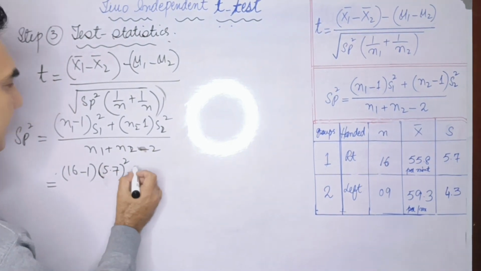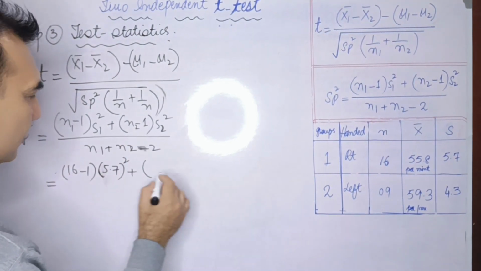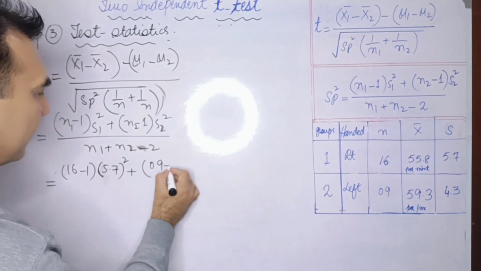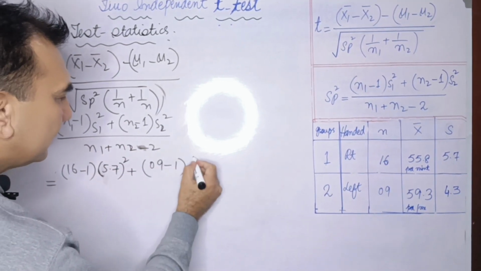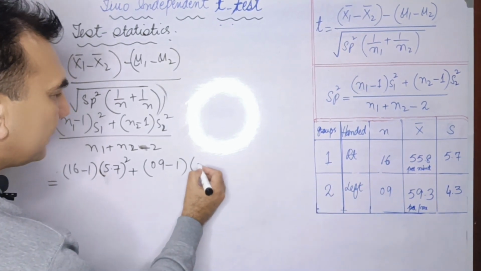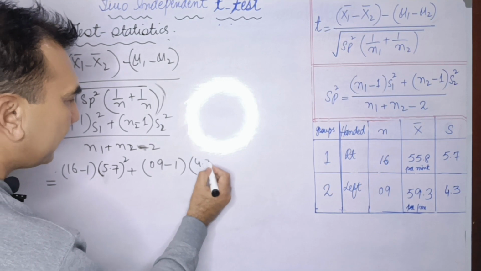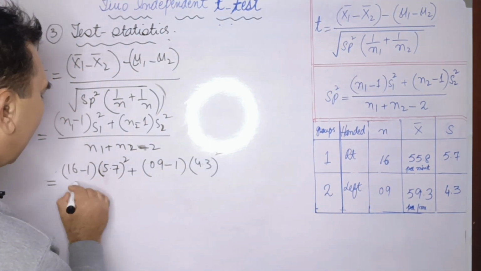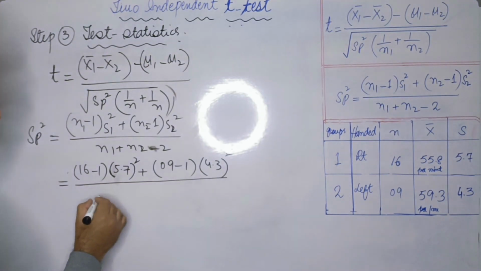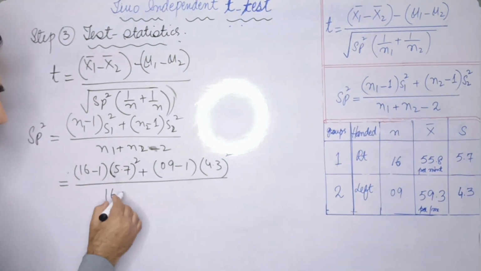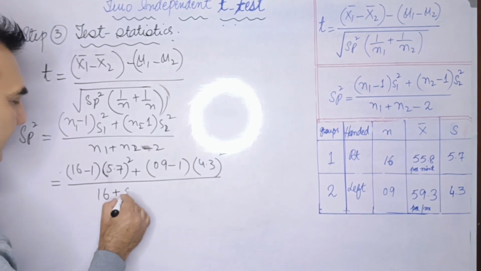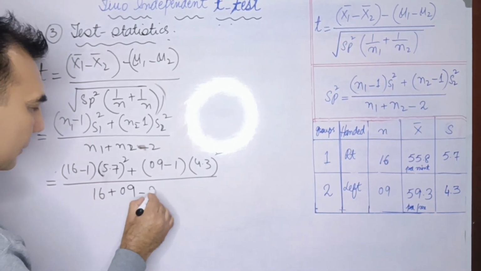Then plus n2, the sample size of the second one, which is 9. 9 minus 1 becomes 8. The standard deviation for the left-handed is 4.3, and we will square it. Then in the denominator, the sample size of the first is 16 plus the sample size of the second, the left-handed, which is 9, and we will subtract 2.